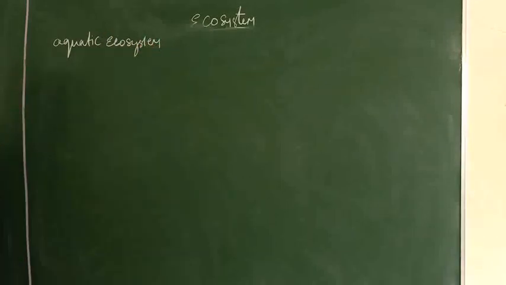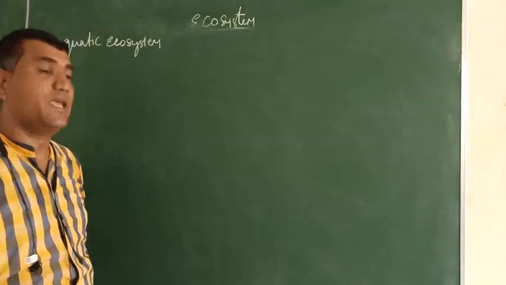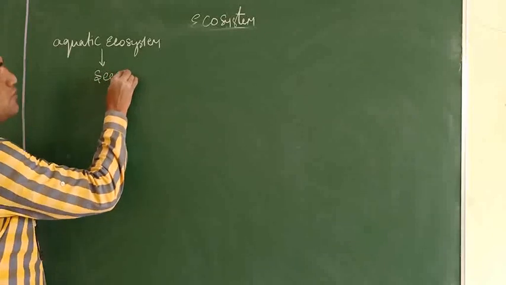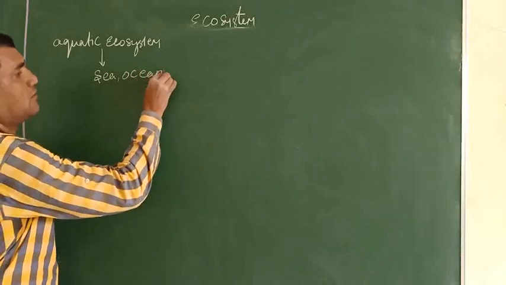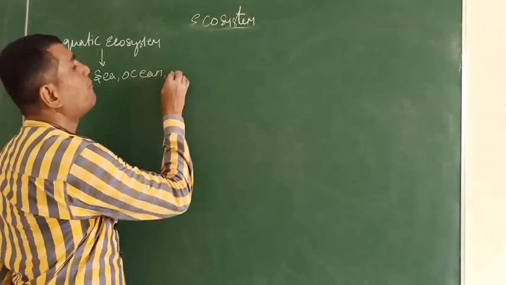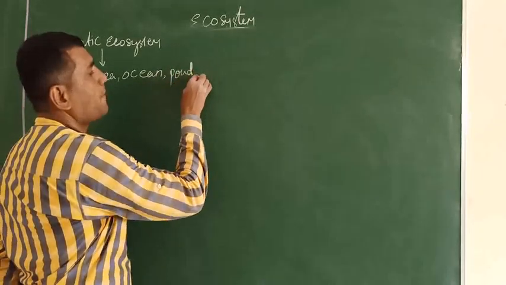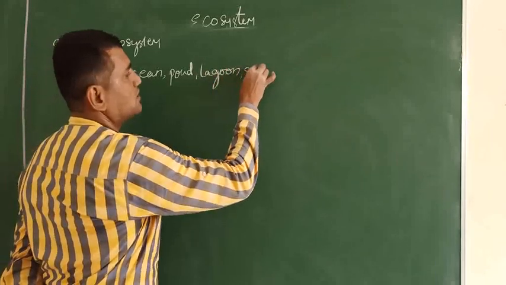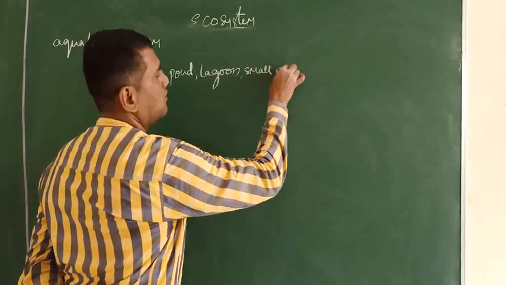In the aquatic ecosystem, we see many components: sea, ocean, pond, lagoon, small pond.